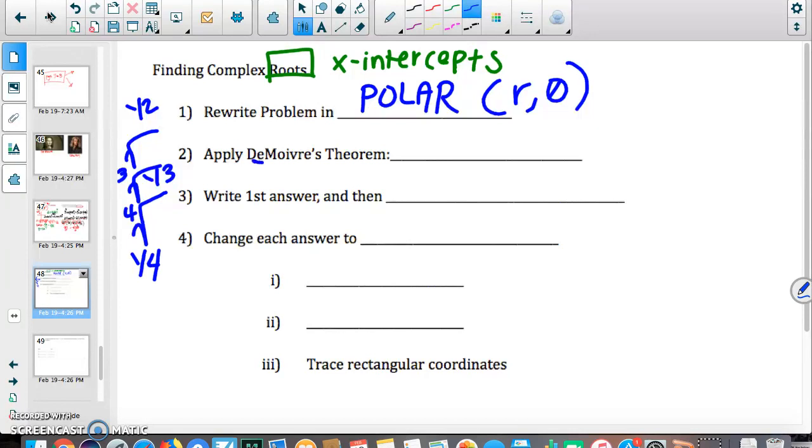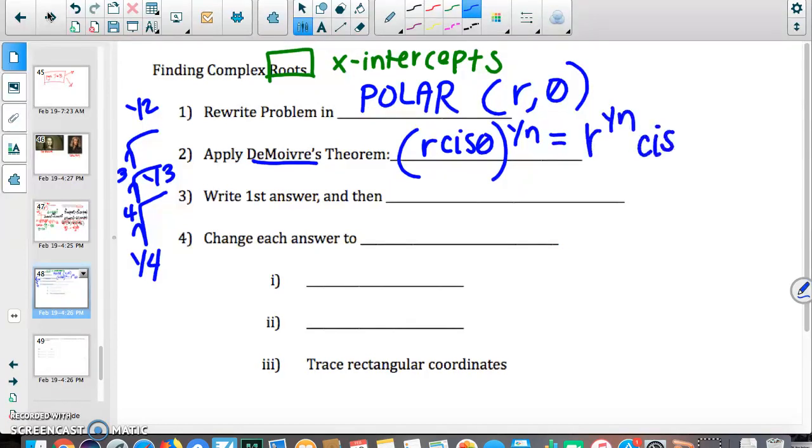So that's where the exponent theorem from yesterday is going to come in handy. So 1 over n, right? Well, that's going to be r to the 1 over n power, and then it's just going to be my angle times 1 over n. That's what we're going to end up doing. So that's going to give us one answer, but then I'm going to need to add to get to my next solution.